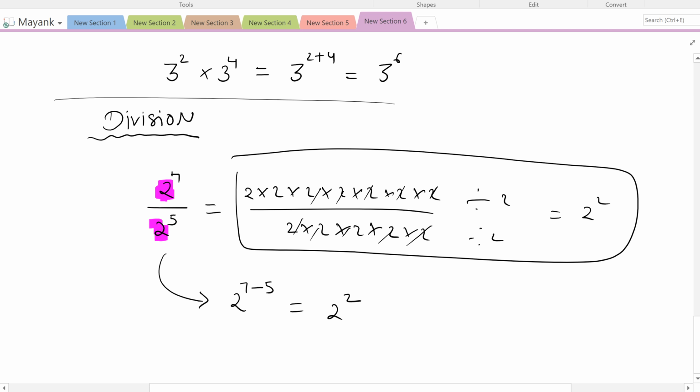So once again, whenever there's a division, that line means you're dividing by that whole thing. Whenever there's a division and the base is the same, you subtract the powers. Now you want to write the number as a non-fraction. That means you subtract 5 from 7.